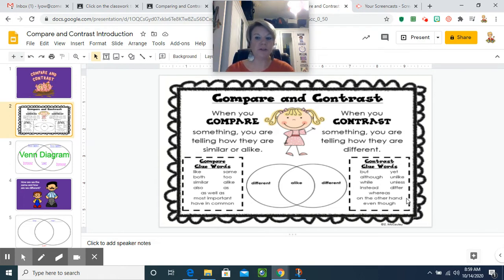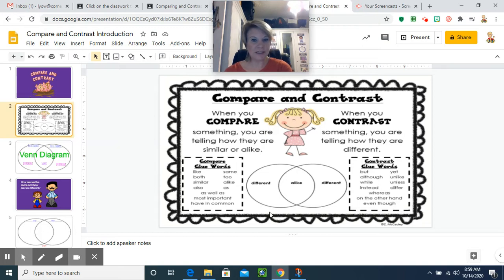Some words you may use when you're contrasting things are: but, although, while, instead, yet, unlike, unless, differ, whereas, on the other hand, even though.